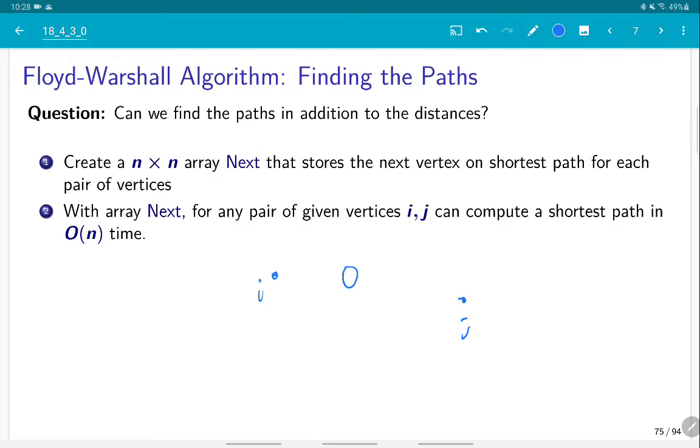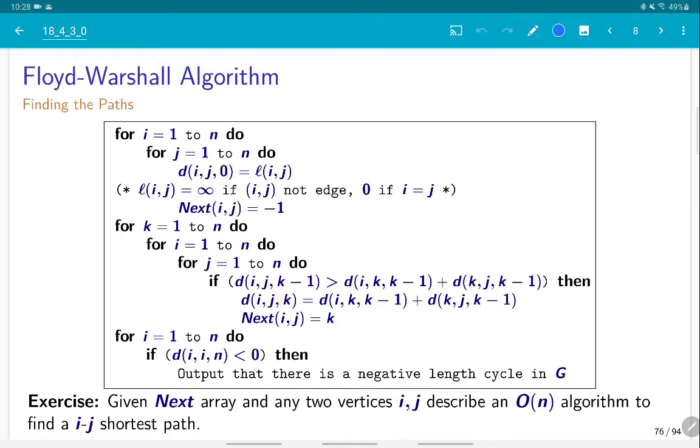Because that's all we really need to know. So this is how it's going to look. We're going to have this next_ij. Next_ij is really a misnomer. It should be mid_ij, right? This is the middle vertex between i and j. So whenever we update the distance d_ij^k using vertex k, we set next_ij to k, right?